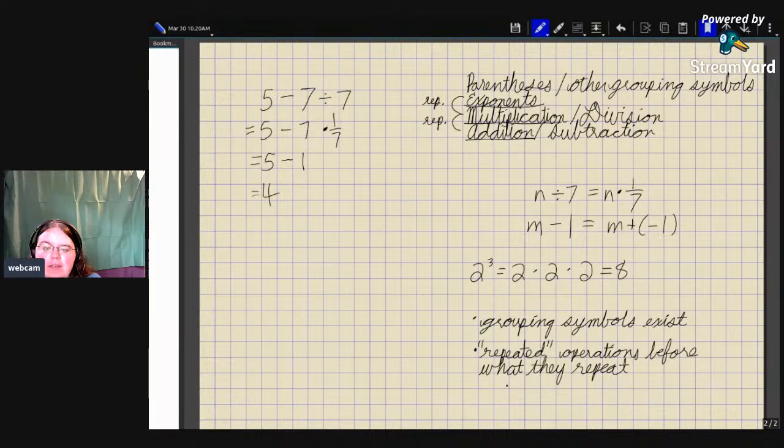So that gives us exponents before multiplication, and then multiplication before addition.